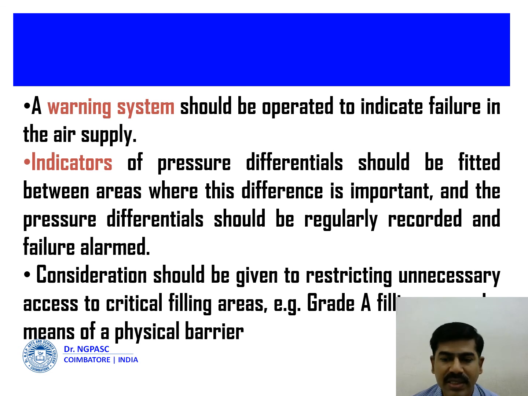A series of filters should be set in the air filtration facility. So failure in the filter systems and air supply systems should be monitored properly. Indicators of pressure differentials should be fitted between areas where this difference is important, and the pressure differentials should be regularly recorded and failure alarmed.